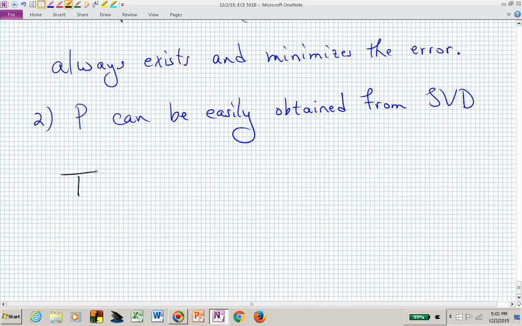Suppose that this linear map T, and now T doesn't have to be square to possess a singular value decomposition. T can be anything. It can be short and wide. It can be tall and thin. It can be square, the matrix representation of that linear map.